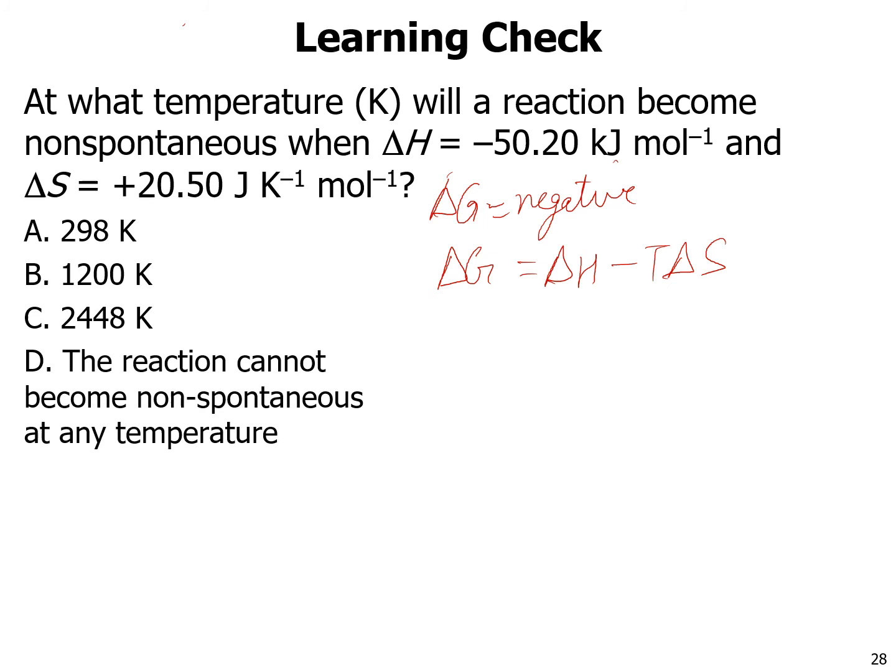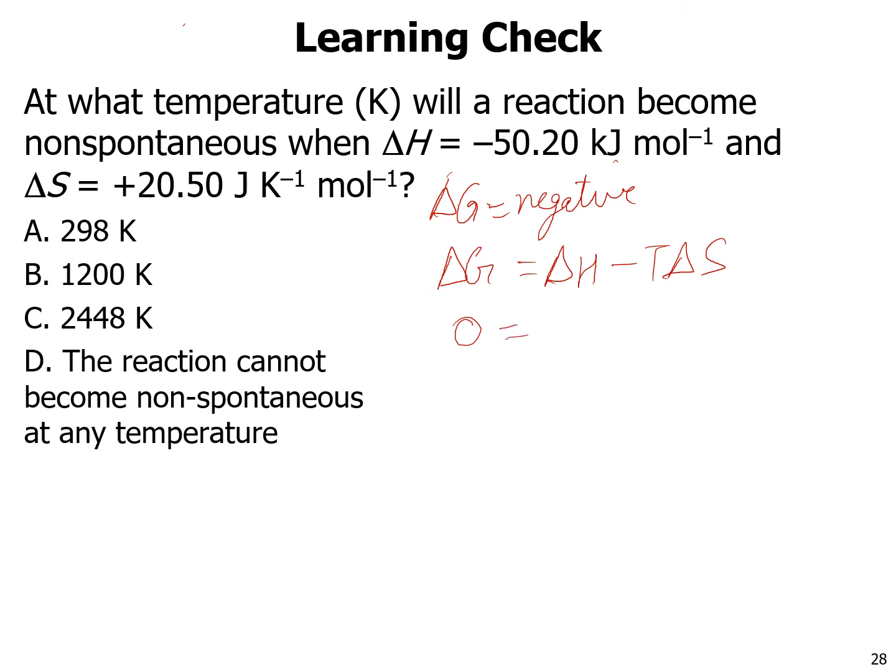Why? Because for a reaction to be non-spontaneous, delta G has to be greater than 0. For a reaction to be spontaneous, delta G has to be less than 0. So what is the actual number that controls spontaneity and non-spontaneity here? 0. Anything greater or lower, correct? So we are going to assume that we are solving for a delta G value of 0.